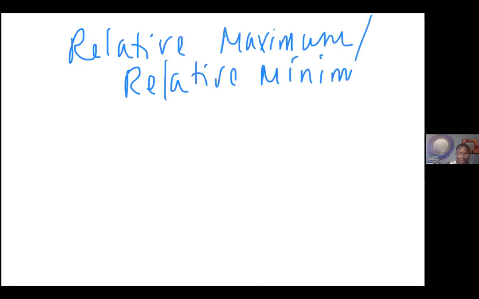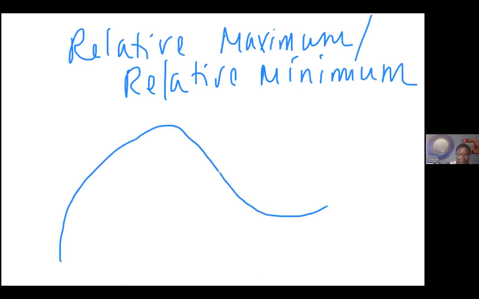The best way to express this is through a little figure. Now, for the relative max and the relative min, let me just quickly explain it to you rather than having to write everything down. When we talk about relative max and relative min, the relative max represents the highest point in a graph relative to the points around it.